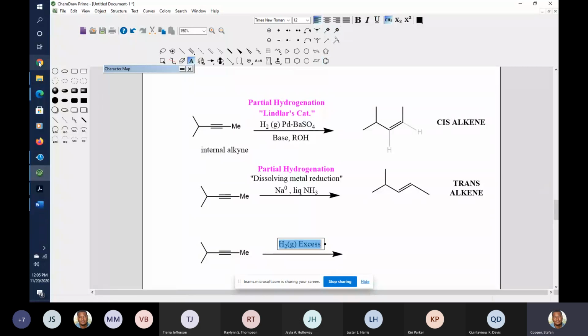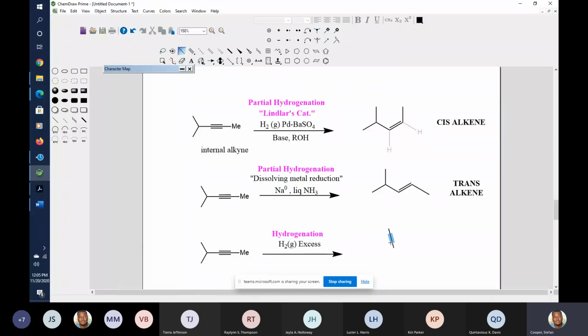All right, this will be known as the full hydrogenation. And all full hydrogenations will generate an alkane.